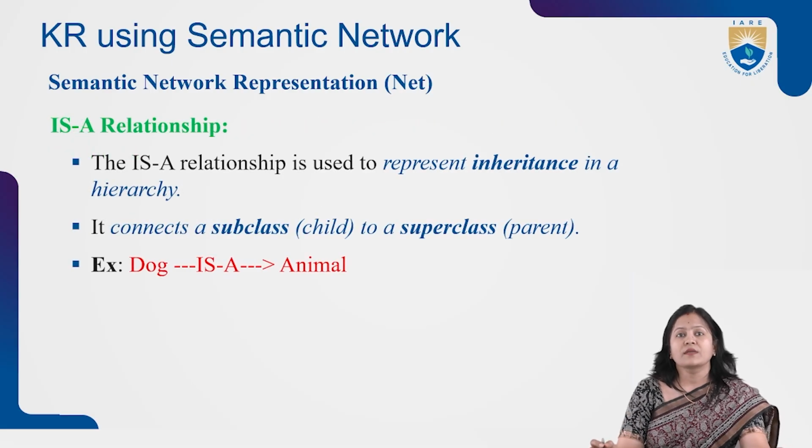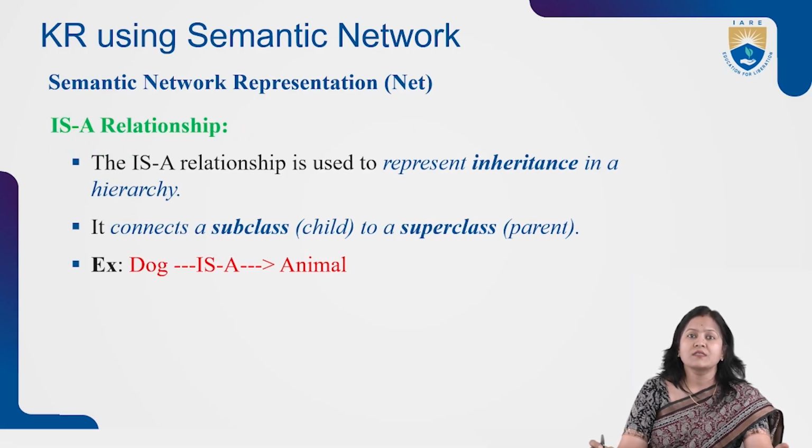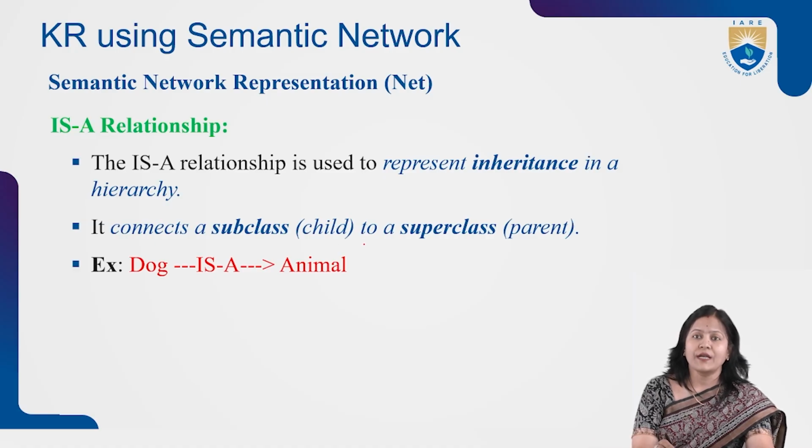Now we'll see an example of the is-a relationship. The is-a relationship is used to represent inheritance in a hierarchy. It connects a subclass to a superclass. The subclass is called the child class and the superclass is called the parent class. Now you see the example: dog is a animal.